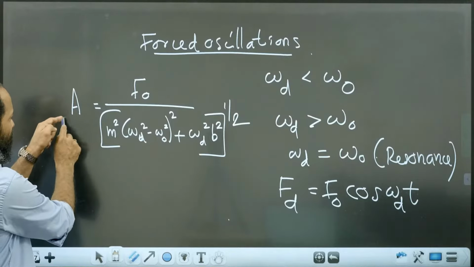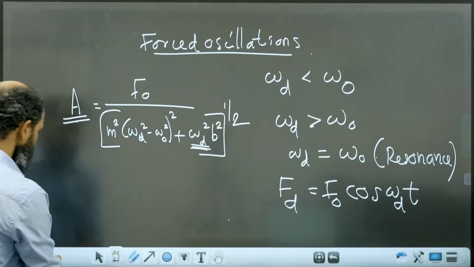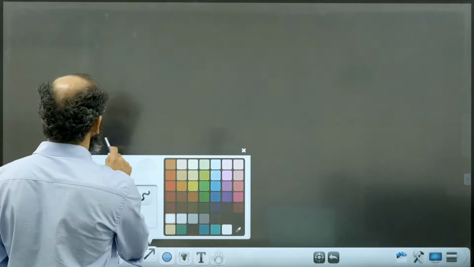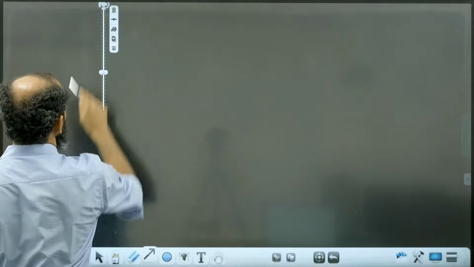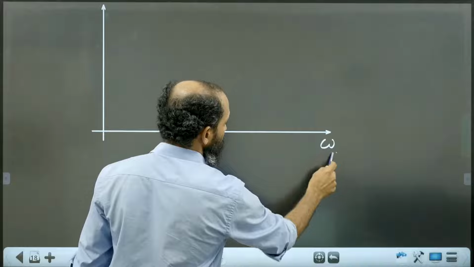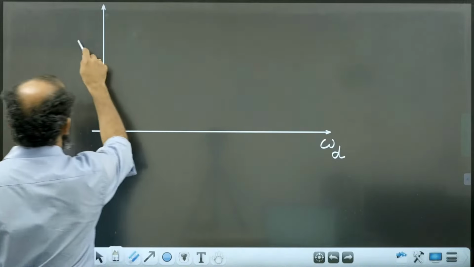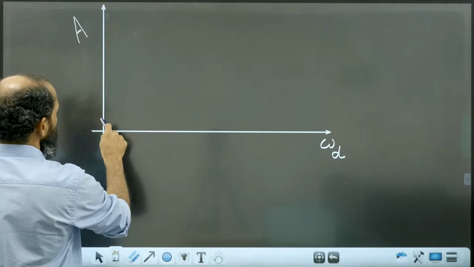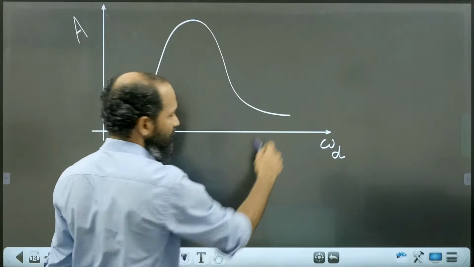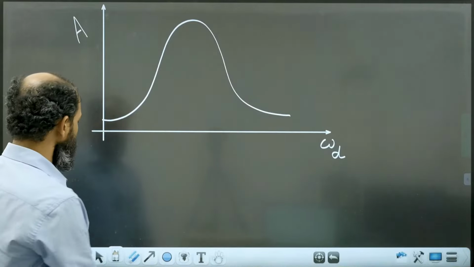Now, you plot a graph between the amplitude and the driving angular frequency. Amplitude on the vertical axis and driving angular frequency omega d on the horizontal axis. You may get a graph showing this variation. Based on that equation, if you try to draw this graph, you get it like this.